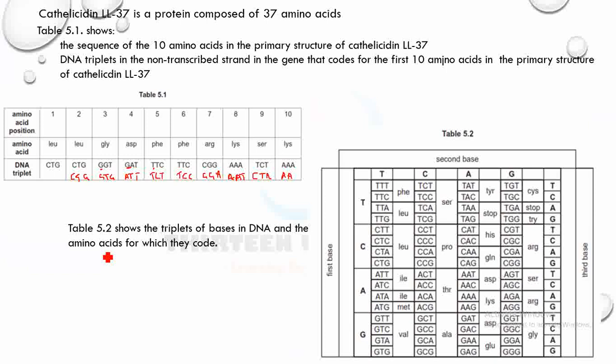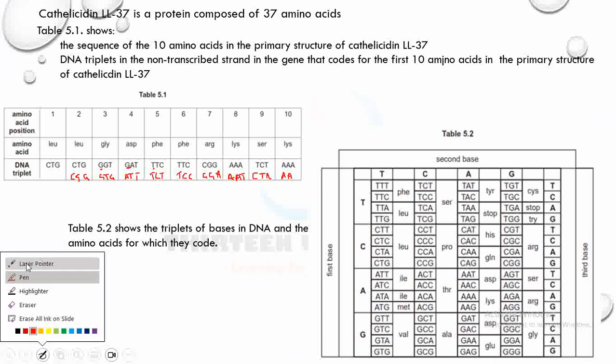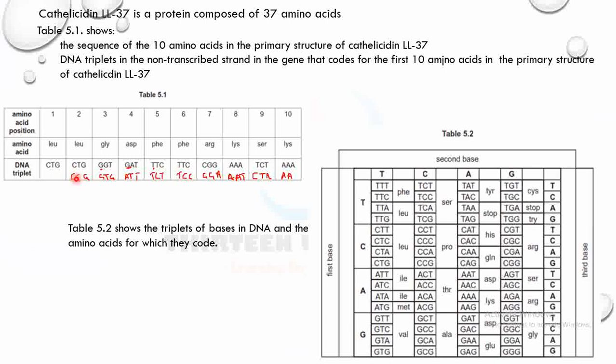So from this second position, from here, there is a change. Remember the second one is leucine, but let's check what CGG is. If you go check, CGG is arginine.